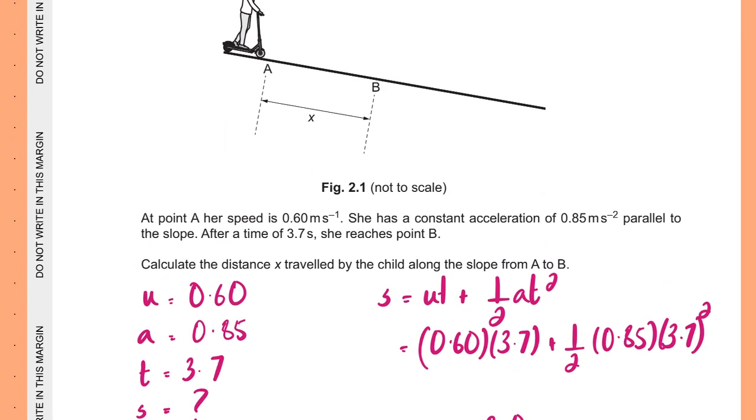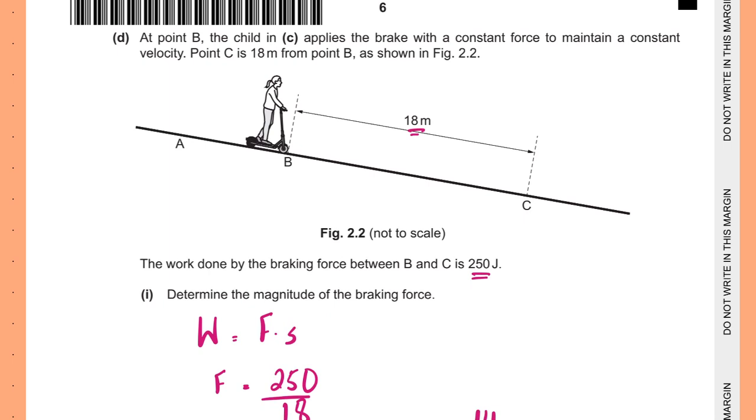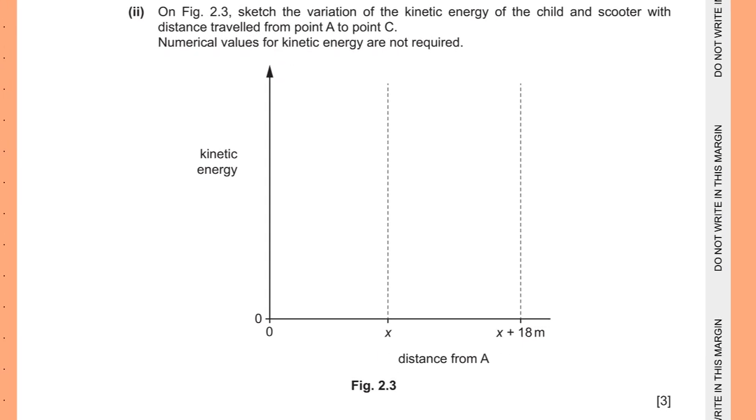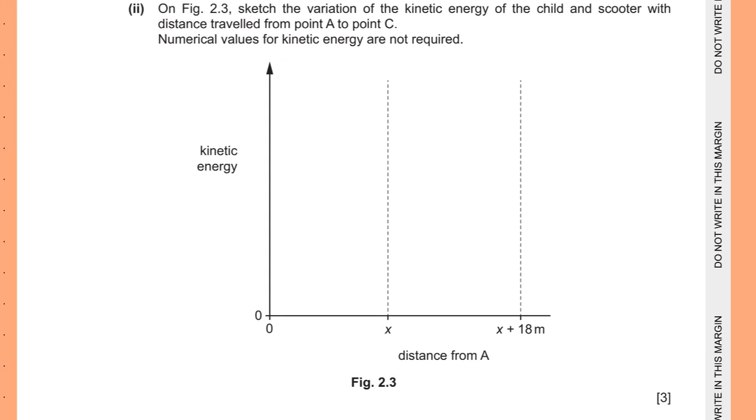So that's the distance from A to B, during which it was accelerating. And then from B to C, because this was constant velocity, kinetic energy would also be constant. So I know for a fact that during this part, which is here, this will be a horizontal line, right? So this is something I know for sure.